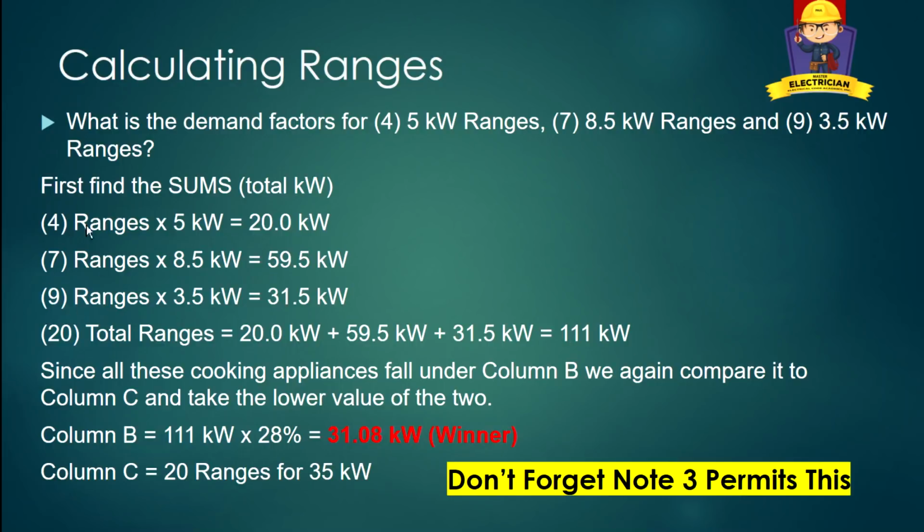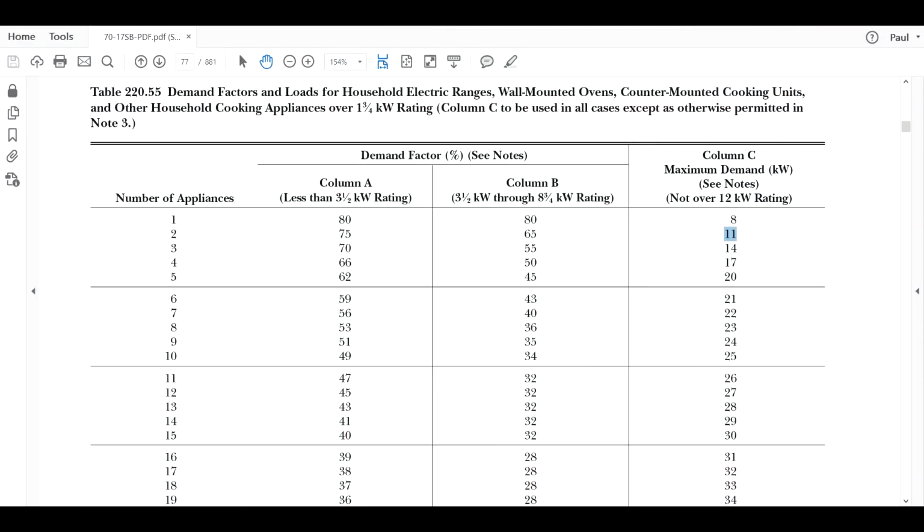Now, you also want to add up the number of ranges we're dealing with, and it's 20. And that's what we do here. Now, let's do column B. So the total was 111 kW, but we're dealing with 20 ranges. So that's where we're going to actually get our demand factor. So let's go over and look at the code in column B and do that.